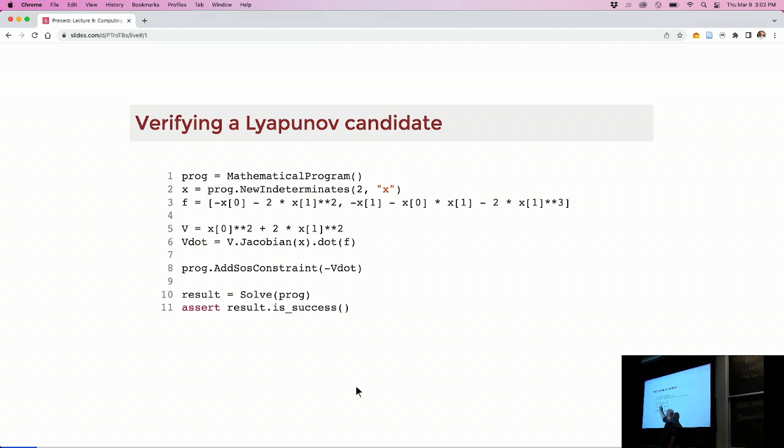That's partial v partial x, just written as Jacobian with respect to x, times f, with a numpy times. And I just say I want v dot to be negative, v dot to be a sums of squares. That's a scalar polynomial function.